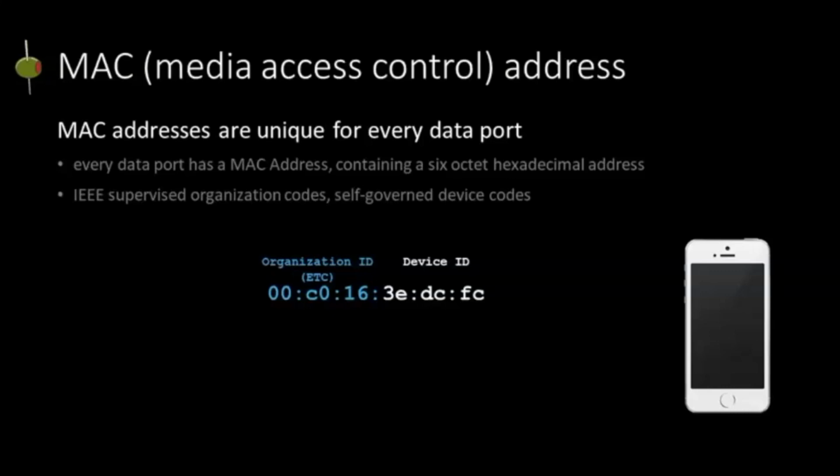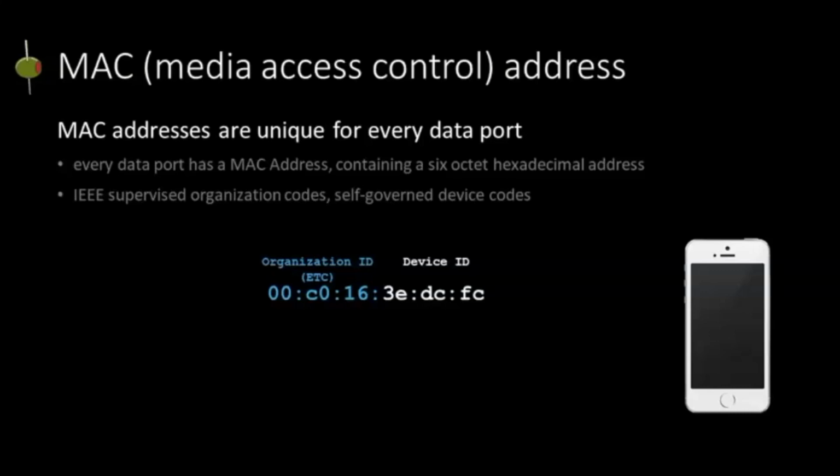Everything has its own MAC address, because that is its own discrete port. In fact, larger manufacturers like IBM and Dell are going to have multiple organization IDs. Tiny little us in the entertainment industry, we are good with one organization ID currently.